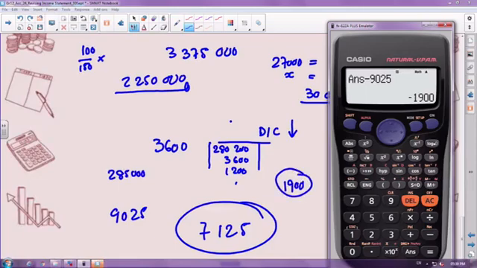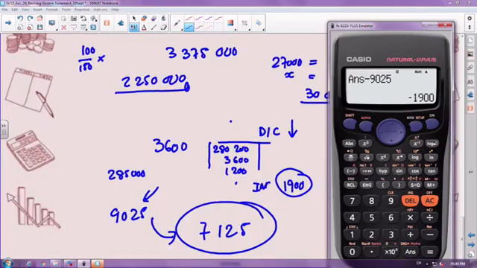Notice what is happening. You've got an existing provision of 9025. You only require 7125. When the amount that you require is less than your provision, you are decreasing your provision, therefore your adjustment account becomes an income. Clear?